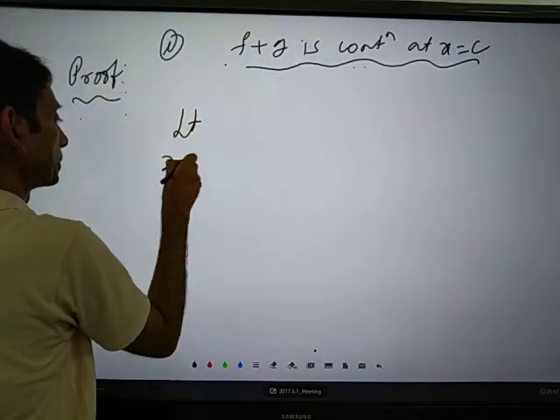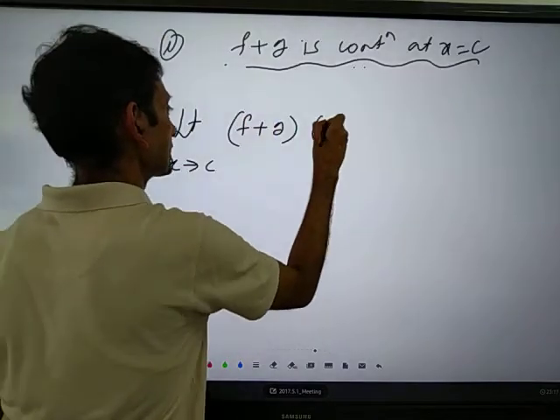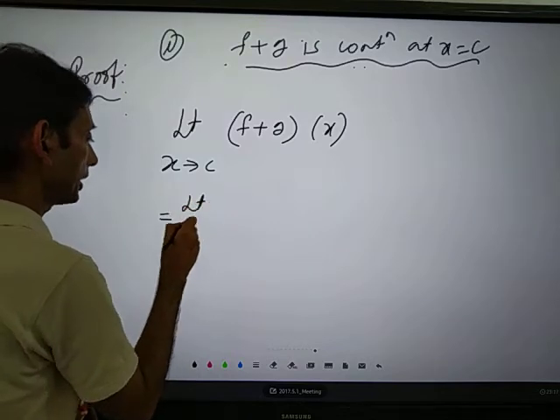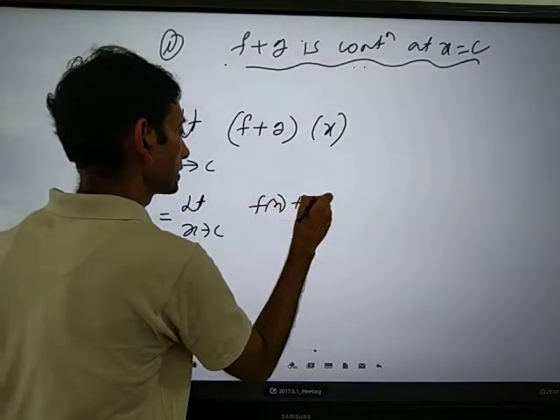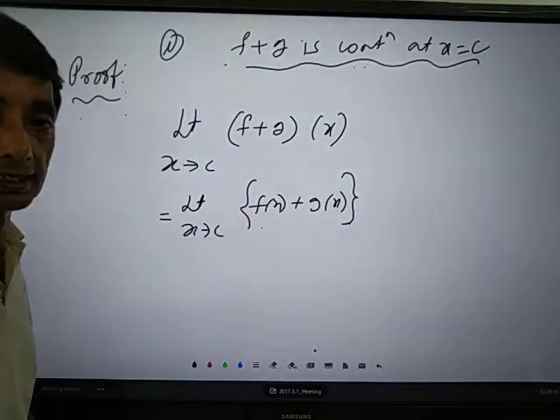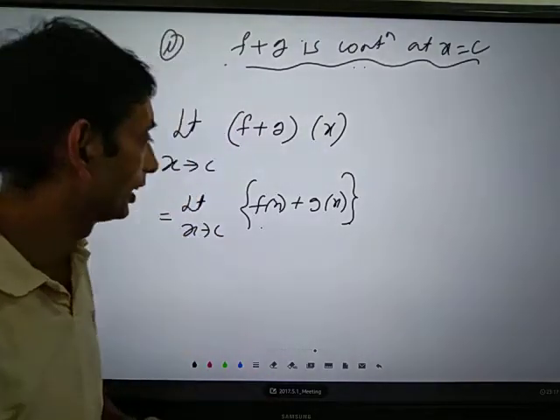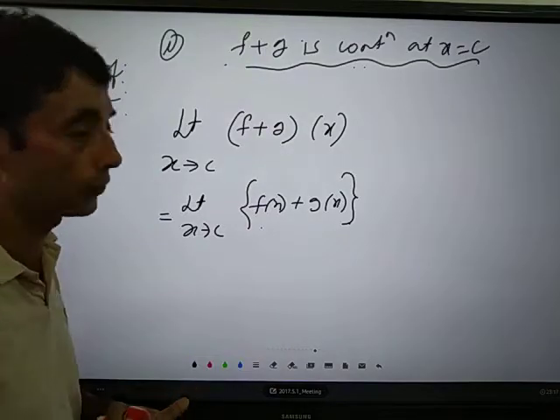Limit as x approaches c of (f plus g)(x). We'll start with this. Limit as x approaches c of f(x) plus g(x). Then we'll be using the theorem on limits. There was a theorem, similarly, this theorem, algebra of continuity.